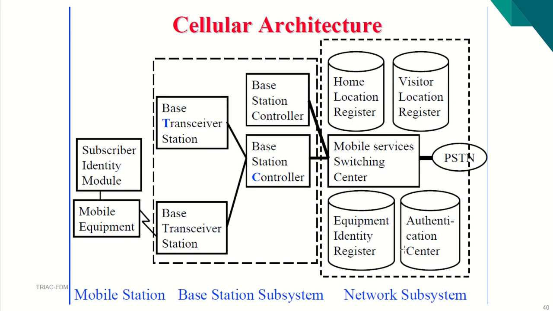Some people may steal your identity and use your cell phone to make phone calls, and the bill will be billed to you. That's not fair, so you try to authenticate that your cell phone is authentic.